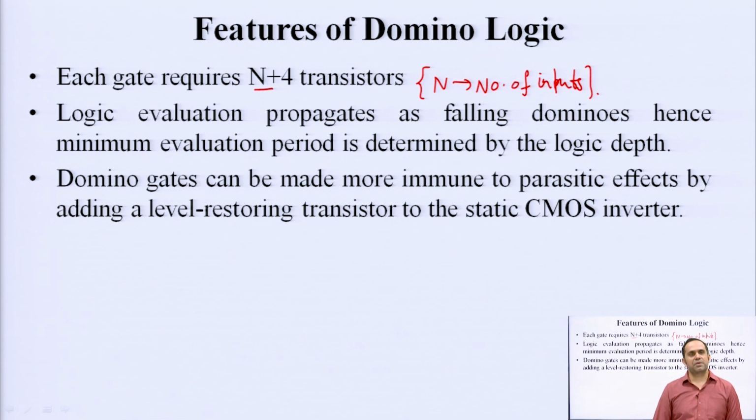Domino gates can be made more immune to parasitic effects by adding a level restoring transistor to the static CMOS inverter. Okay. Well, that is not something which is critical to the operation. But if you want to reduce parasitic effect, you can add another transistor, but that is extra circuitry. If it is very necessary, then you can go for it.